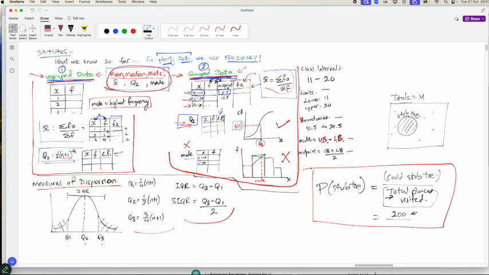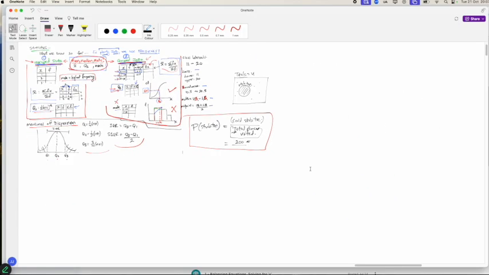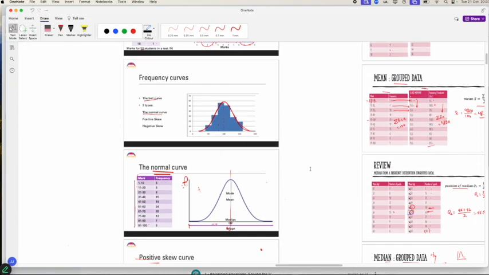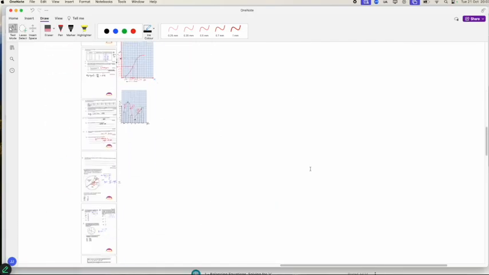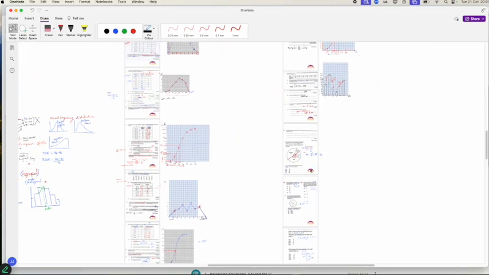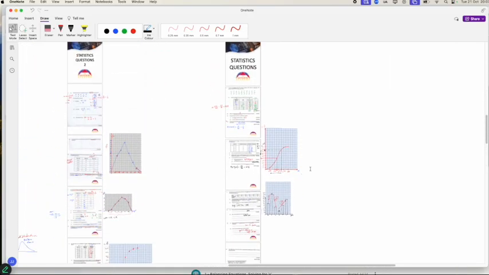Because remember, we had mutually exclusive events, independent events, and conditional probability. But you can see that none of the probability questions that we got in these papers asked us anything about that. All of the probability questions were just simple, straightforward probability or finding probability from a cumulative frequency curve.